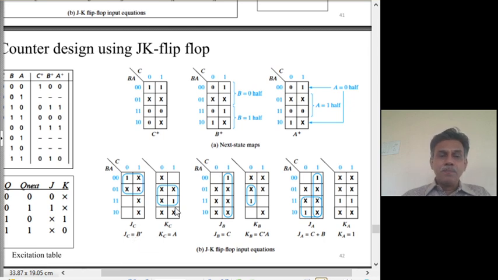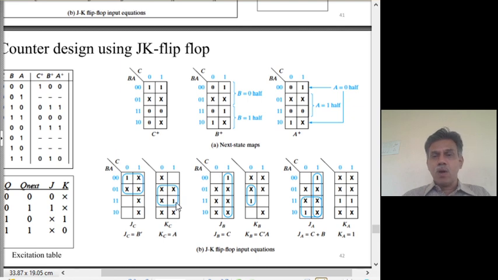How about KC? If you look at KC, again the same thing holds good, in the sense that the C is equal to 0 sub K map is all filled with X's. We have to only try to cover the ones that are in this part. This part, there can be either a 0 like this, or a 1 here, or some X's.